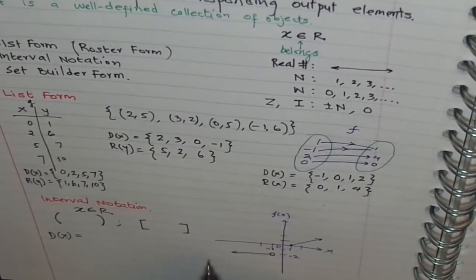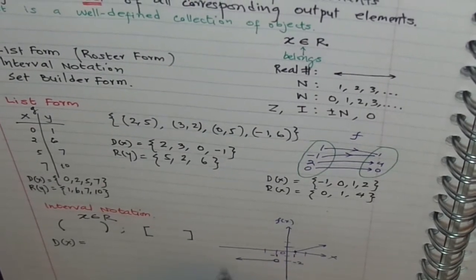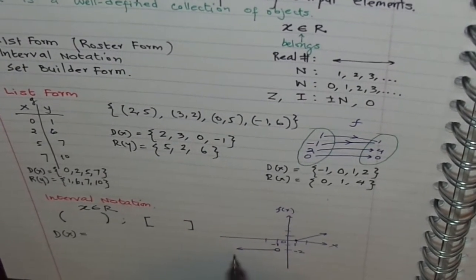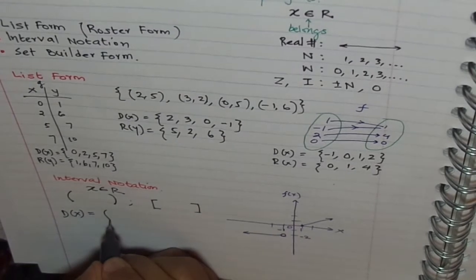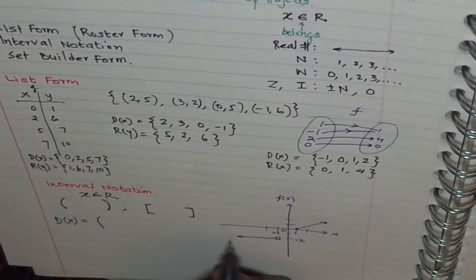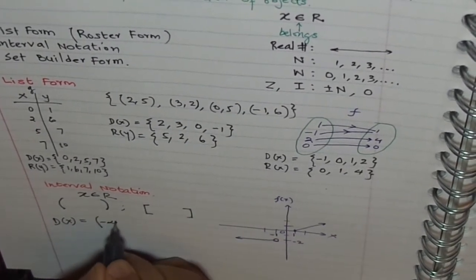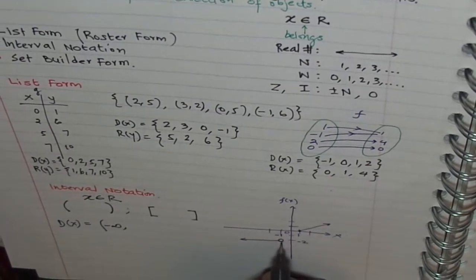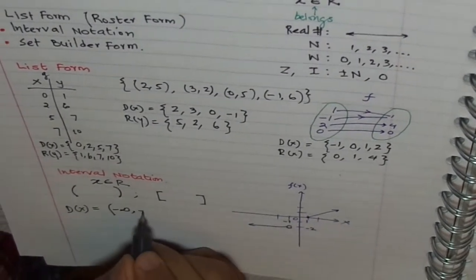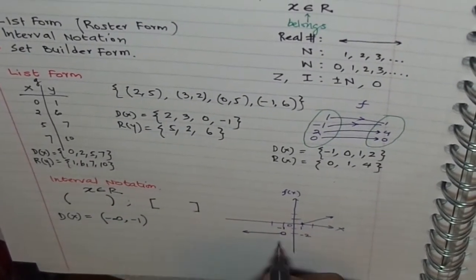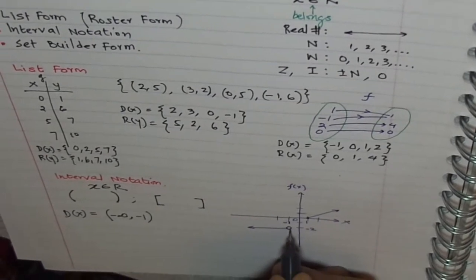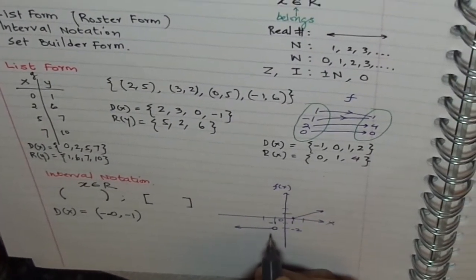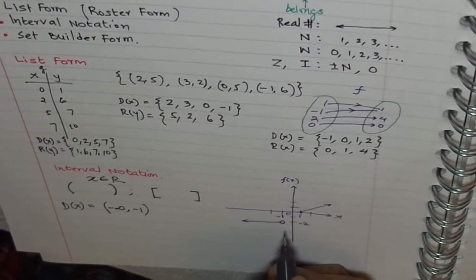Can you ever reach infinity? No, we can't. So for infinity, we'll always use this bracket, okay? And it is approaching minus infinity. So minus infinity, and starts from minus 1. Minus 1. Is minus 1 included? No, it is not. That is a hole. Hole represents that it is not included.